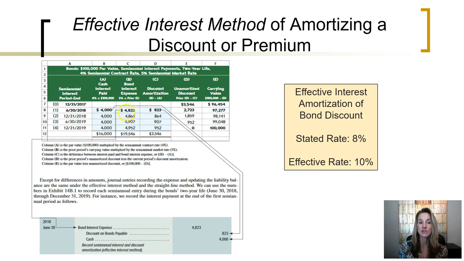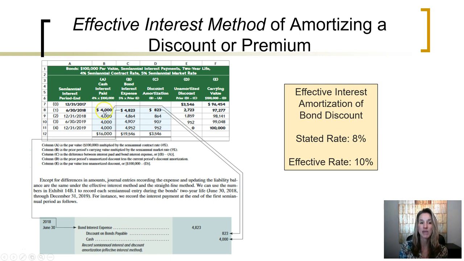Once we know the interest expense to record, we then calculate the amount of cash paid. The cash paid will be the face value or par value of the bonds, which is $100,000, times half of the contracted rate. The total contract or stated rate is 8%. Half of a year would be 4%.